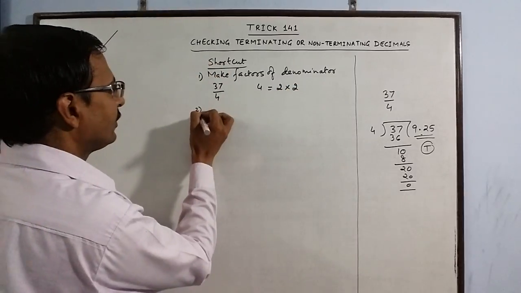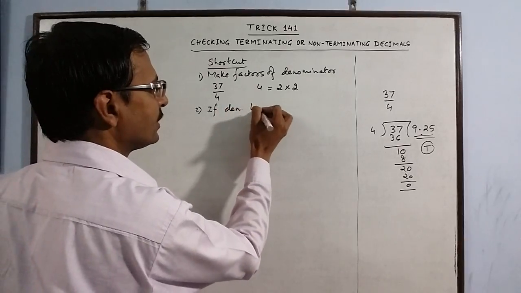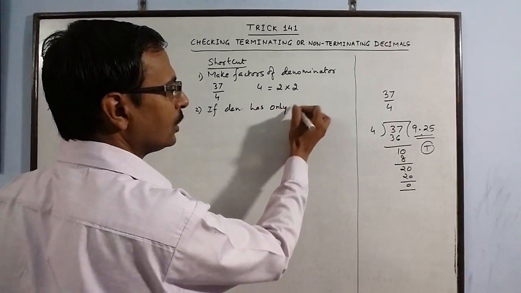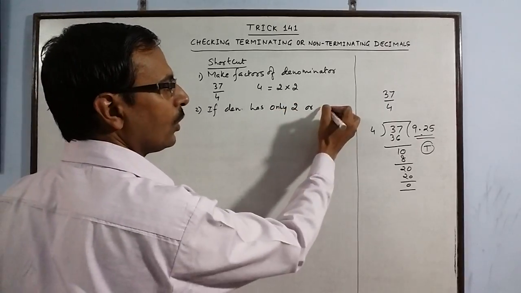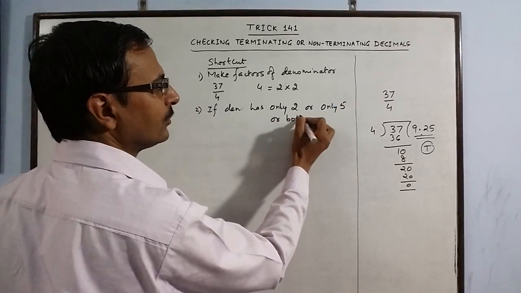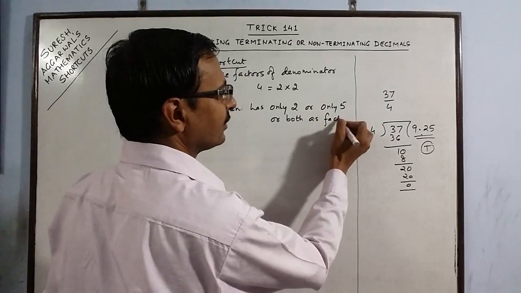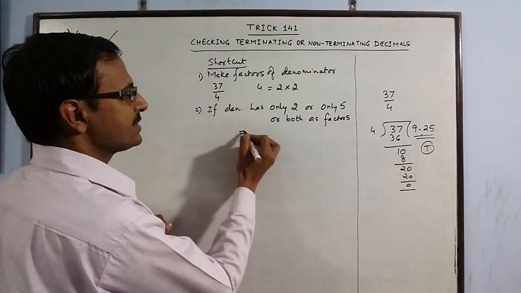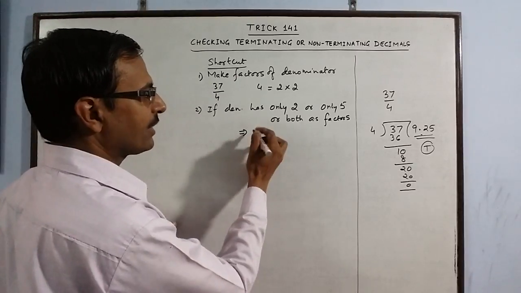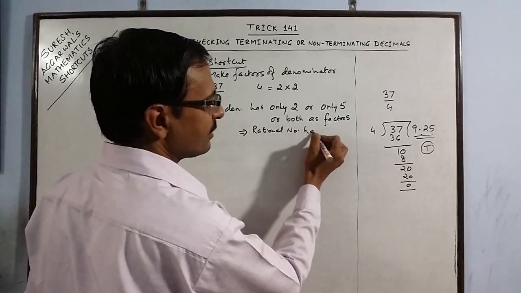So if the denominator has only 2 or only 5 or both, a mixture of 2 or 5 as factors, that implies 37 upon 4 or the given rational number has a terminating decimal.